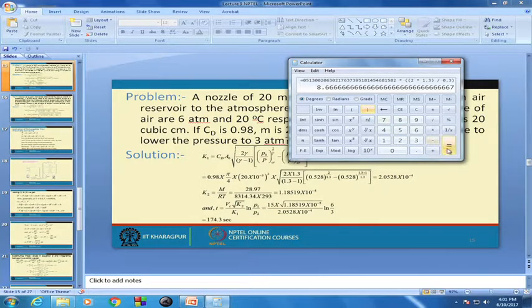So this is this, right, into we have 3.0787 into 10 to the minus 4.